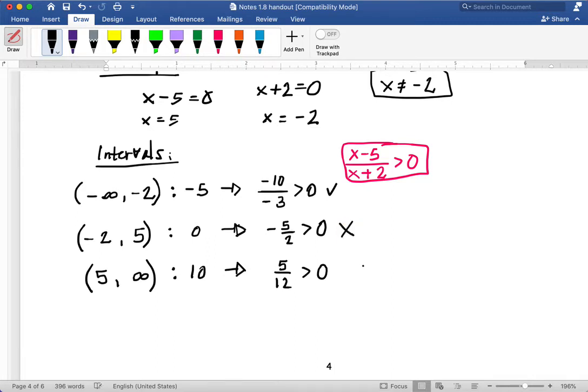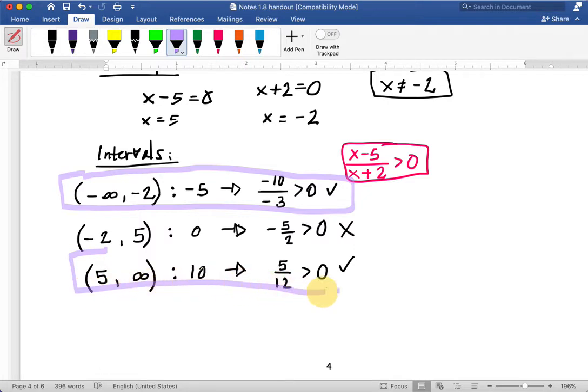No, it's not. This is a positive number greater than 0. Yes, it is. And so my solutions lie right here where it's true, so here and here.